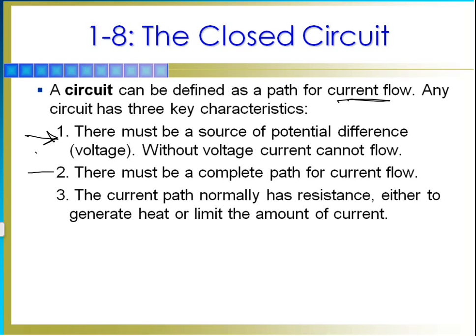There has to be a complete path for current to flow, so you've got to have that wire, that third charge. And that current path has got to have a resistance, either to limit the current or to generate heat, to do something with that excess heat that the current is creating.